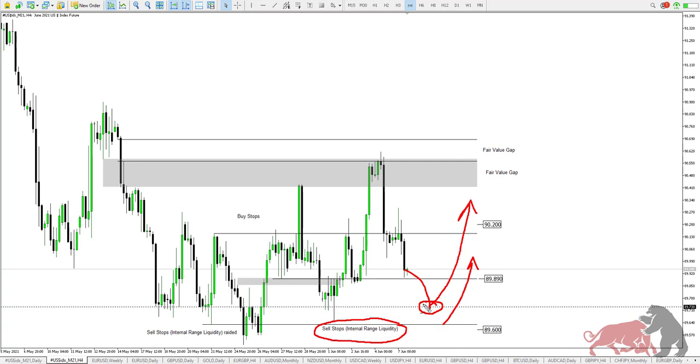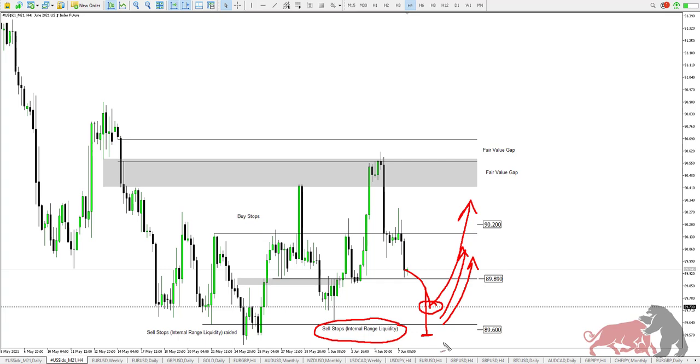The moment you see price run through this level, that's your trigger to be hunting for long positions. Now, if you are in the group, I'll be updating you guys after I've seen the price action happening or after I've seen something different panning out. But this is what I'm expecting dollar to do this week.